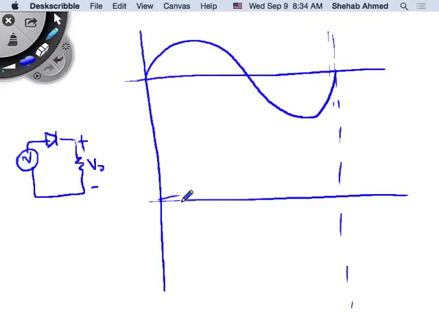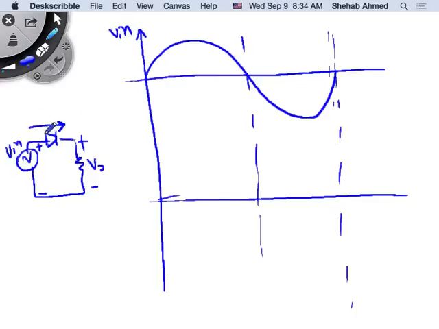Yeah. So in the positive half cycle, this is my V input. What will the output voltage look like in the positive half cycle? In the positive half cycle, the source is producing a positive polarity here with respect to this point. So if this is positive and this is negative, and I have a resistive load here, it's a condition for positive current to flow.